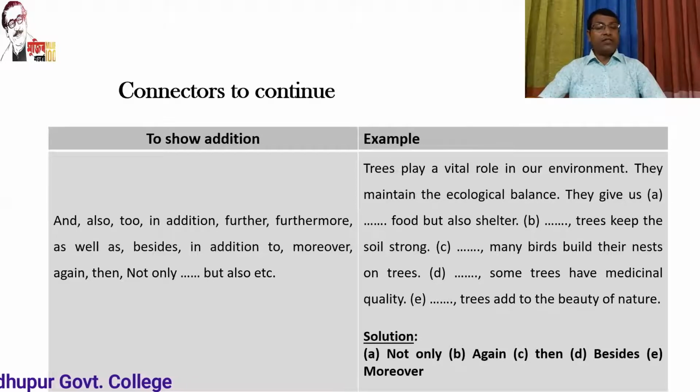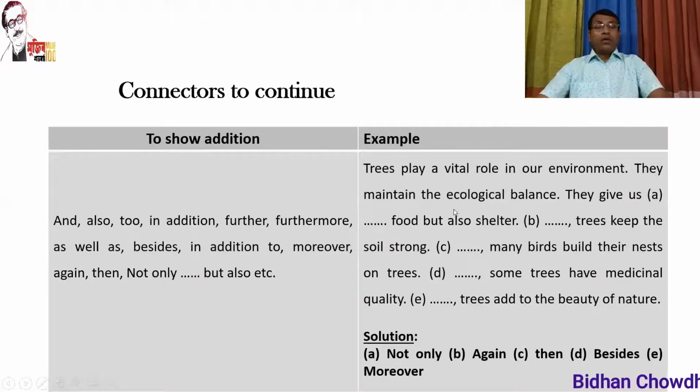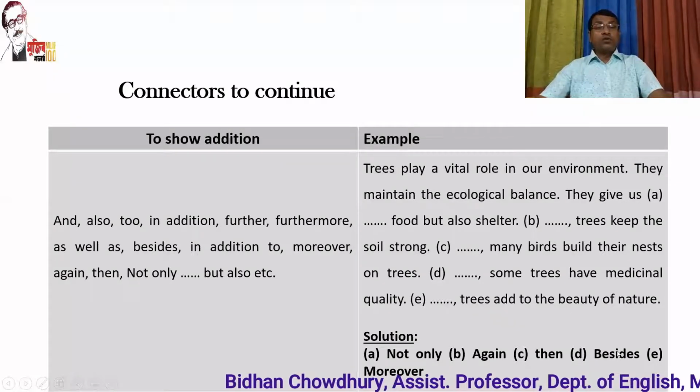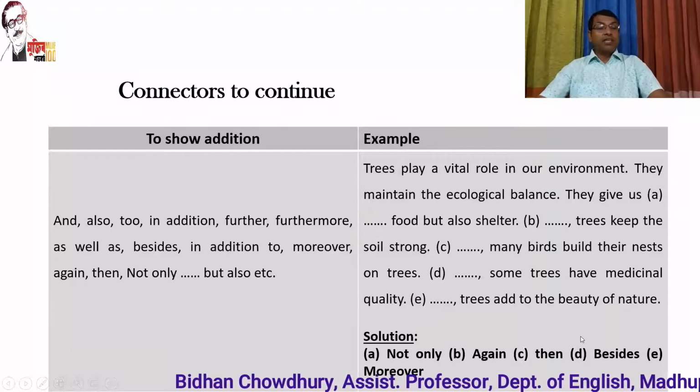I have used besides. Besides, many trees have medicinal quality. And last of all, moreover, trees add to the beauty of nature. So, dear students, you see how connectors are used to show same kind of description in a passage, and these are the connectors which are frequently used to add something to our statement.